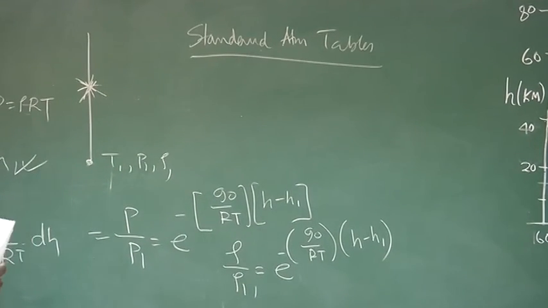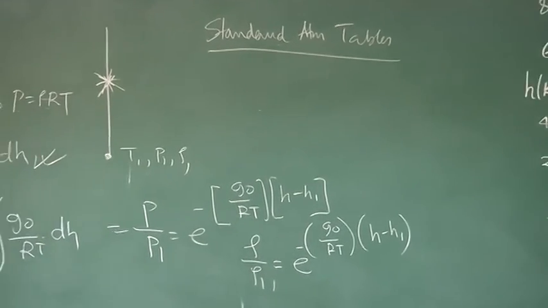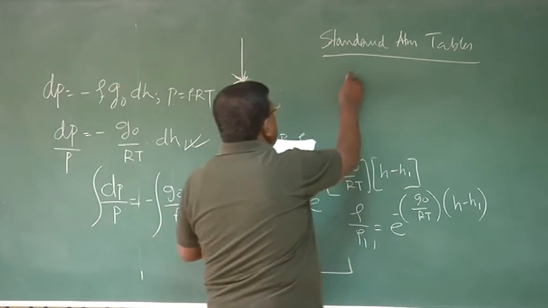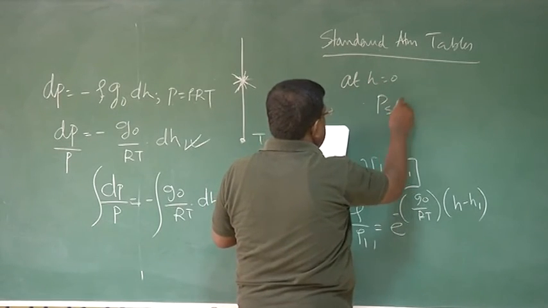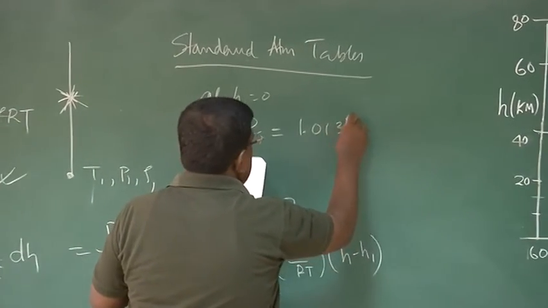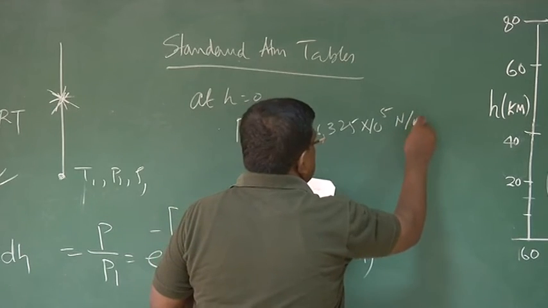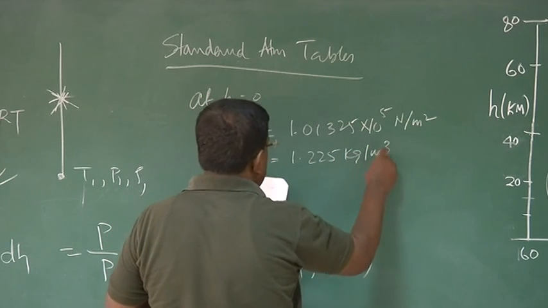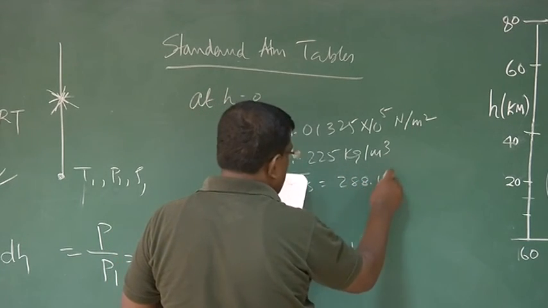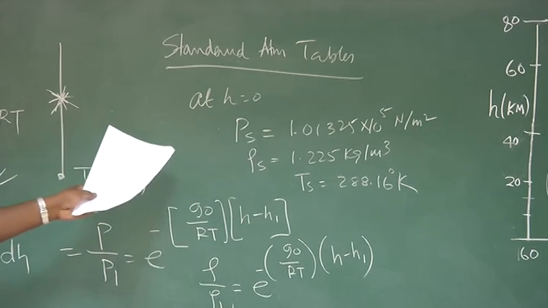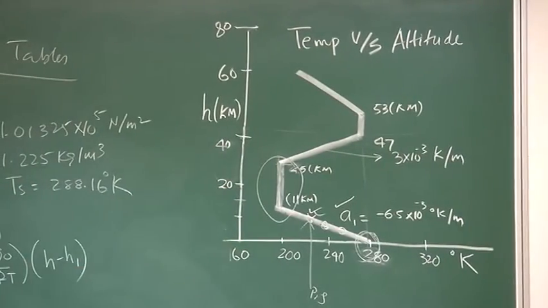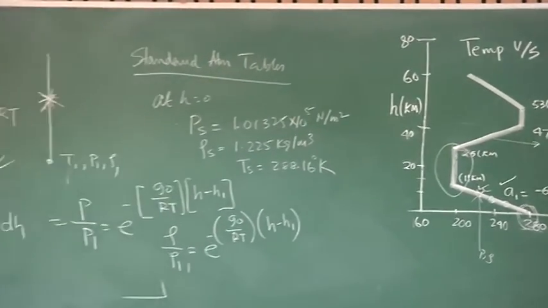And of course, the standard values for pressure, temperature and density at sea level are fixed numbers, and we all take that as the standard condition, that is at H equal to 0, P standard is 1.01325 into 10 to the power 5 Newton per meter square, density standard is 1.225 kg per meter cube, and temperature standard is 288.16 degree K. So this initial condition, the standard condition at H equal to 0, along with this relationship in the gradient region and isotherm are sufficient to generate the whole standard atmosphere table.